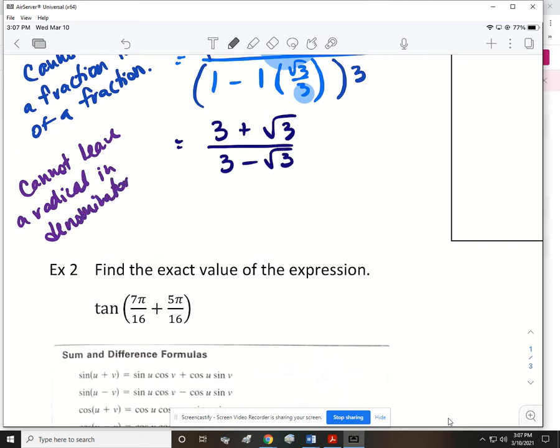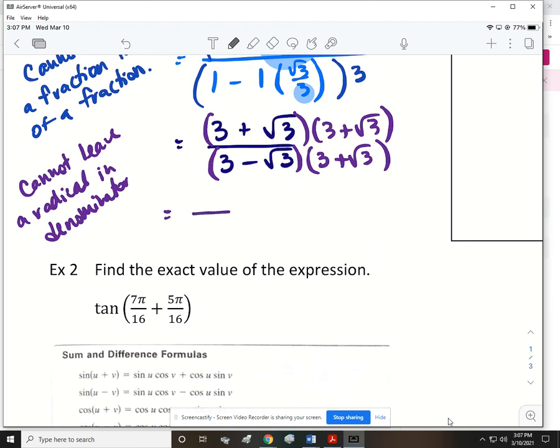Okay. And then to do this, it's been a while since we've done this. What we do is we multiply by the conjugate of the denominator. So our denominator is 3 minus the square root of 3. So we're going to multiply by 3 plus the square root of 3. Right.